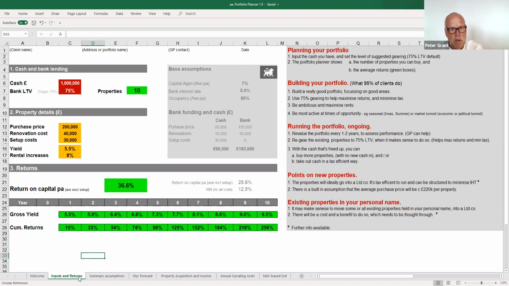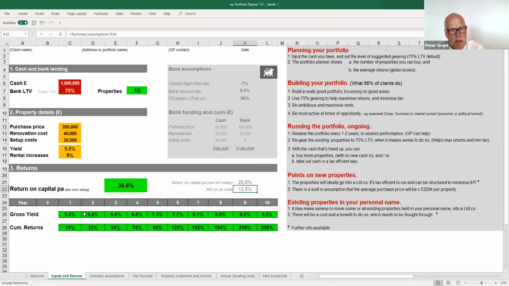If, however, you want to know what the answer is including setup costs, then there's a button here which is to the right of the green one, which hopefully you can see highlighted, which is the one which gives you the returns including setup costs. And if you are into IRRs, then below that is also another box which gives you the IRRs. So whichever way you want to look at it, you can see it instantly is the bottom line.